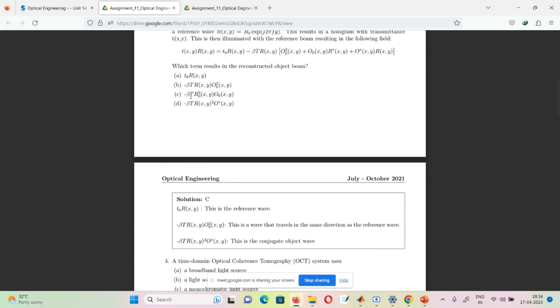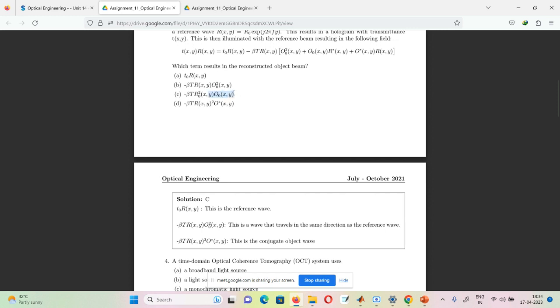Next, it is beta and this transmittance, R naught square xy into O0 xy. What is R naught square xy? It gives the intensity information of your reference beam. Your reference beam is a normal light, which does not have any particular information, but its intensity gets modified by this O0 xy.